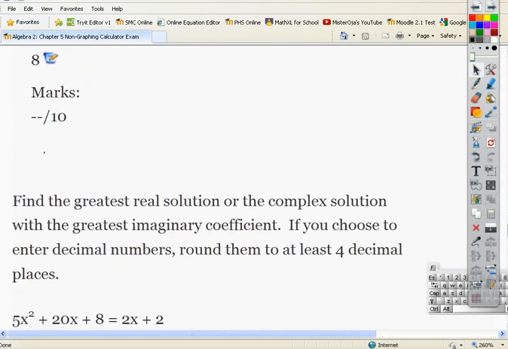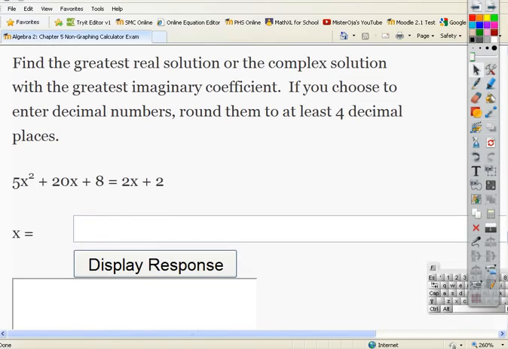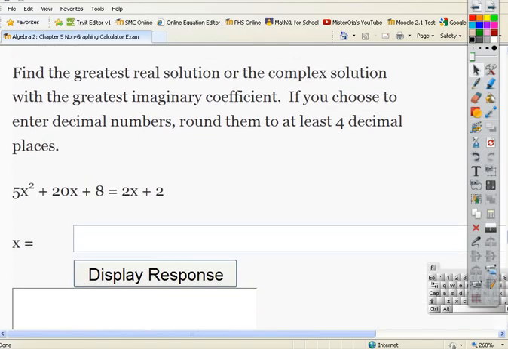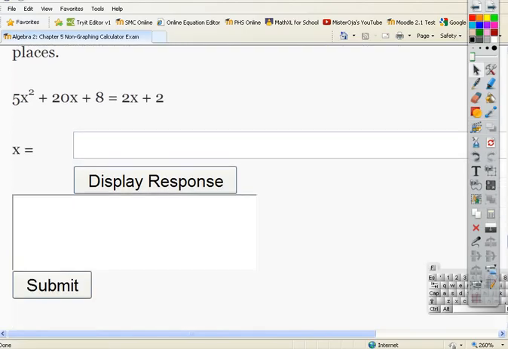So I'm going to get 5x squared plus 18x. Now this takes us back to a strategy question. Are we going to try to factor that? No, we're going to use the quadratic formula.